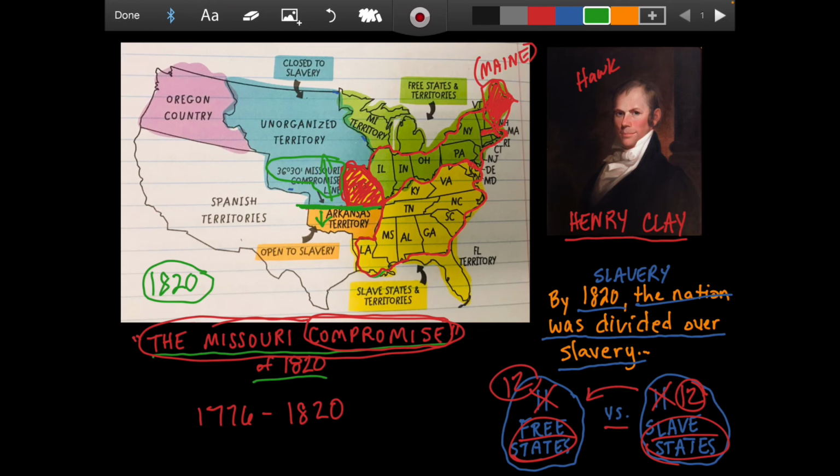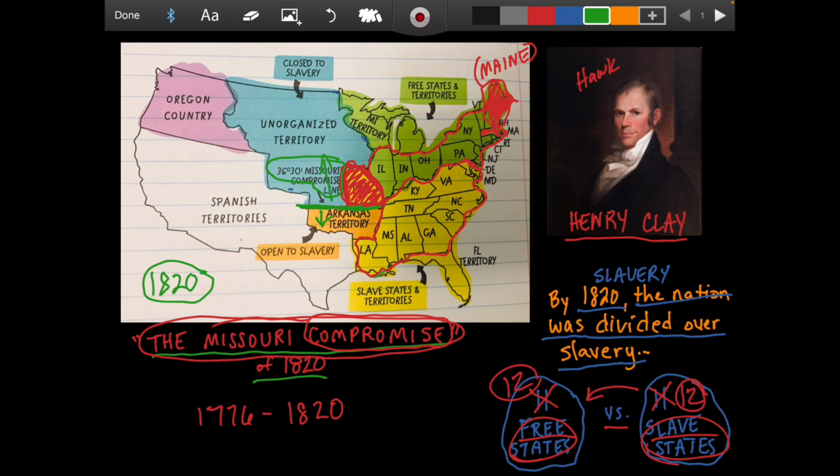Slavery would be not allowed above the 36°30′ line. And so the compromise did two things. It kept the balance between free and slave states, but it also attempted to settle any issues in the future between the two sections of the country. But as we're going to find out, it'll work for a while, but it won't work forever.